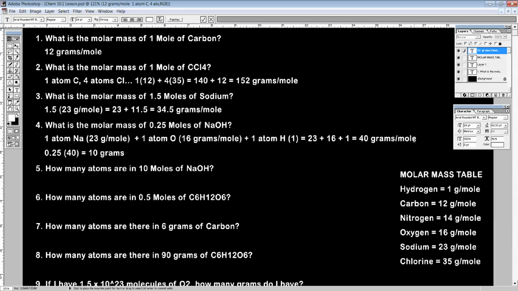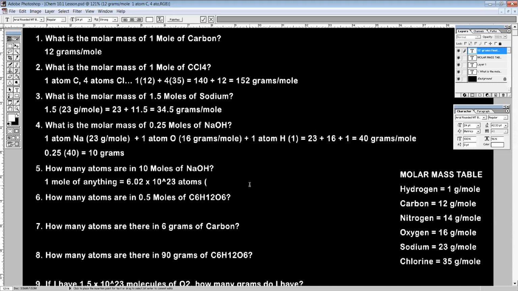Okay, now how many atoms are in 10 moles? That's a brand new game altogether. And we know that 1 mole of anything is equal to Avogadro's number, 6.02 times 10 to the 23rd atoms.